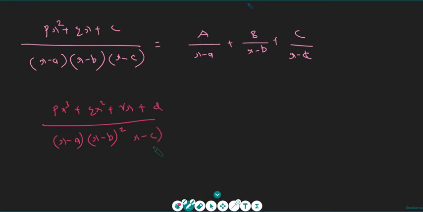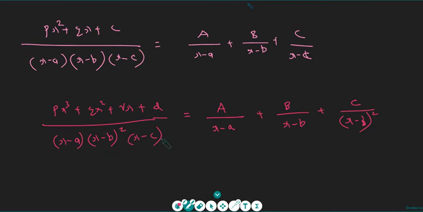Just for your knowledge, you can consider this: x minus a times x minus b all square times x minus c. This can be decomposed as capital A constant divided by x minus a, plus capital B. Now I am focusing on the x minus b all square, which means it is a square term. So I have to start off with x minus b without the square, and then increase it to the next degree, square.